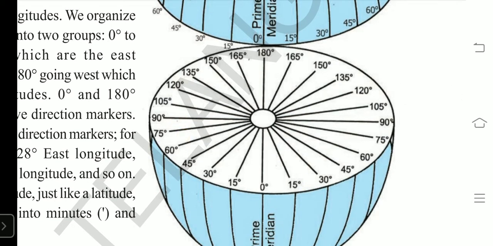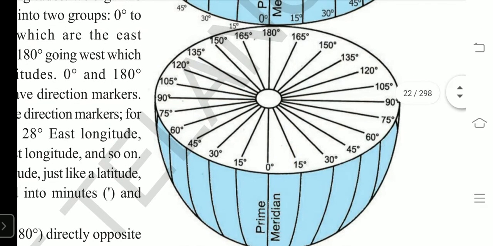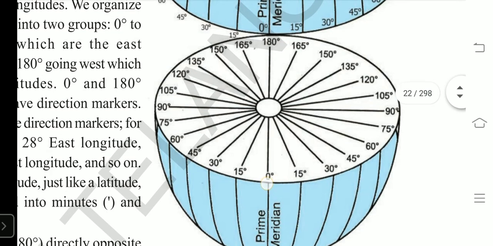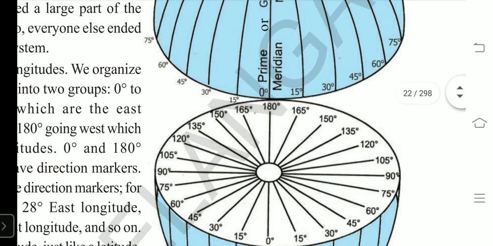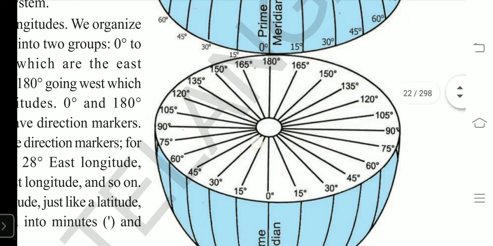Another 179 longitudes we find in the Eastern Hemisphere, they carry the direction east. Okay, 179 plus 179 is 358, right? So 358 plus the 0 degree prime meridian and the 180 degree longitude, which is called the International Date Line, 358 plus 2 is 360. So total longitudes are 360, my dear students, keep in mind.